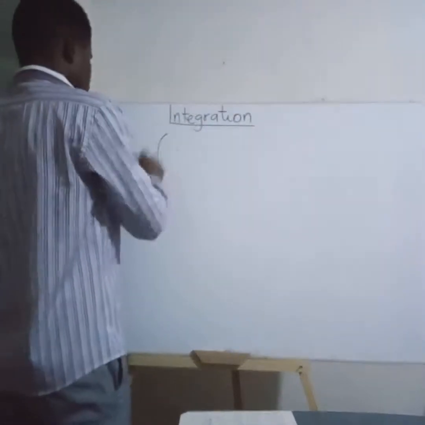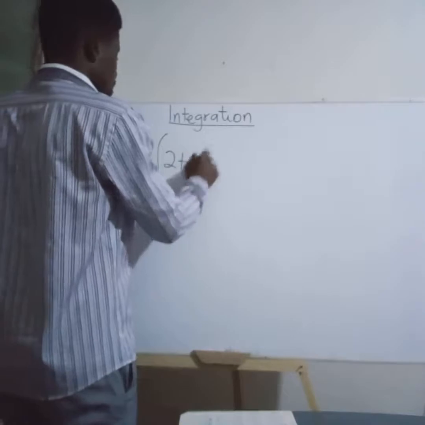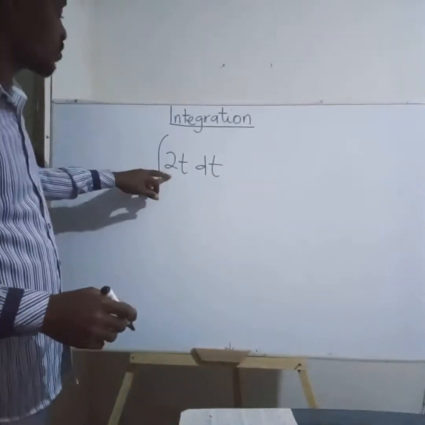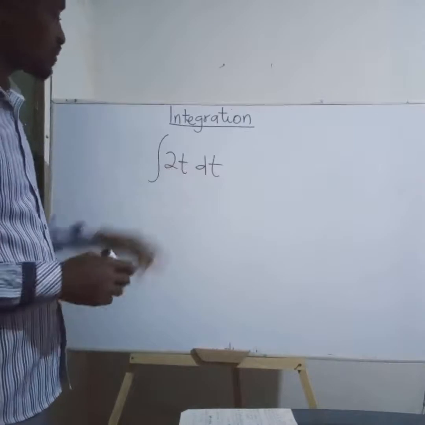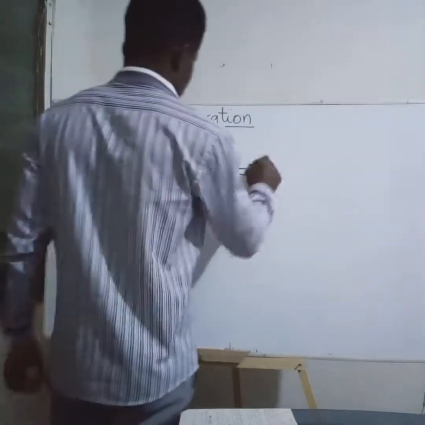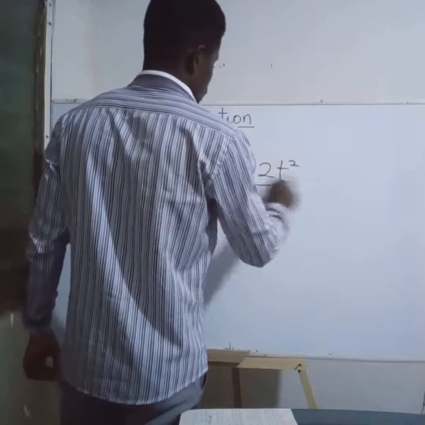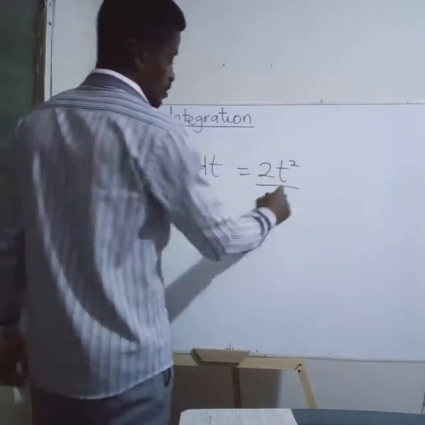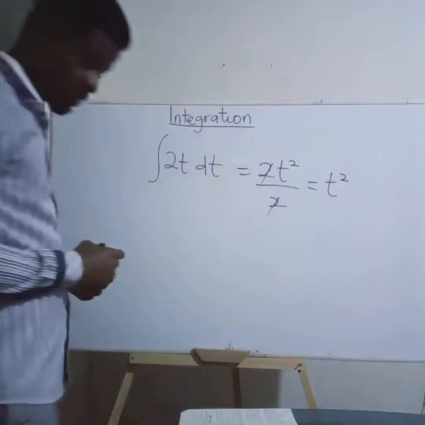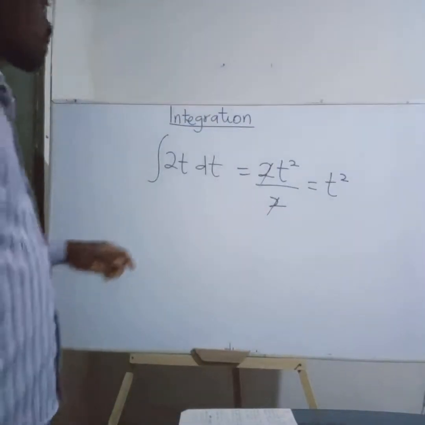So when I write, let's say, the integral of 2t dt, we are talking about the integral of 2t with respect to t. And this will give us 2t squared over 2. This will cancel that, leaving me with t squared.